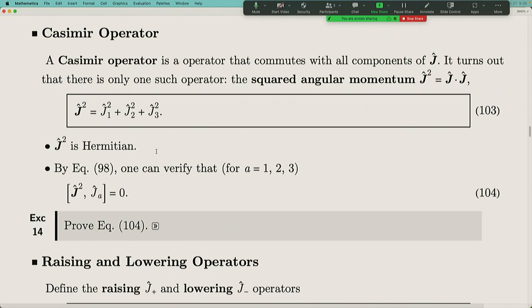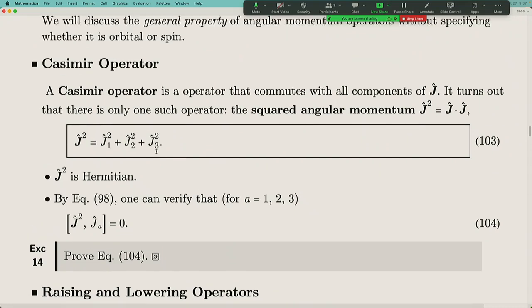If you start from the commutation relation between J1, J2, and J3, you can verify that J^2 also has a commutation relation with any of the J's, and the commutation relation is simply trivial. So J^2 is an operator that commutes with all of J1, J2, and J3. That's actually the definition of a Casimir operator.